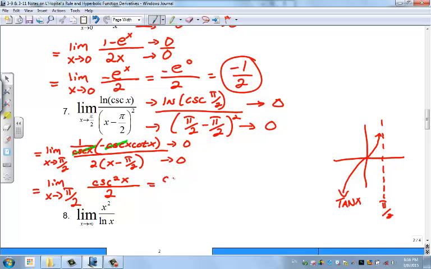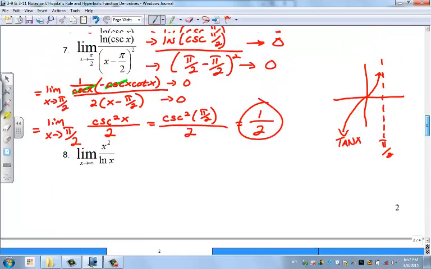So we have cosecant squared of pi over 2. That means take the cosecant of pi over 2 and then square it, all over 2. Okay, so the cosecant is the reciprocal of sine. Sine of pi over 2 is 1. We take 1 and we take its reciprocal. It's still 1. We square it. It's still 1. So the top is 1, the bottom is 2, and we're done.